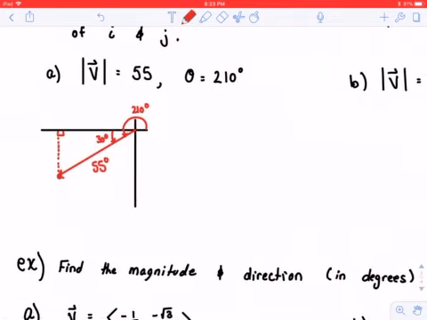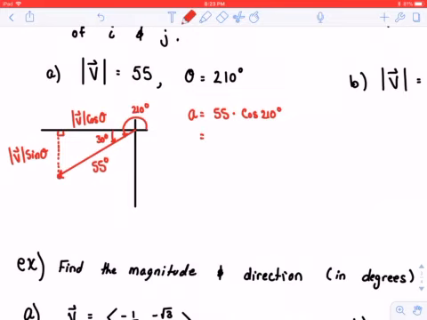Regardless, this is magnitude V cosine theta, and your vertical component is magnitude V sine theta. So my A value is going to be the magnitude of V, which is 55, times the cosine of 210 degrees. That's going to be my horizontal component.